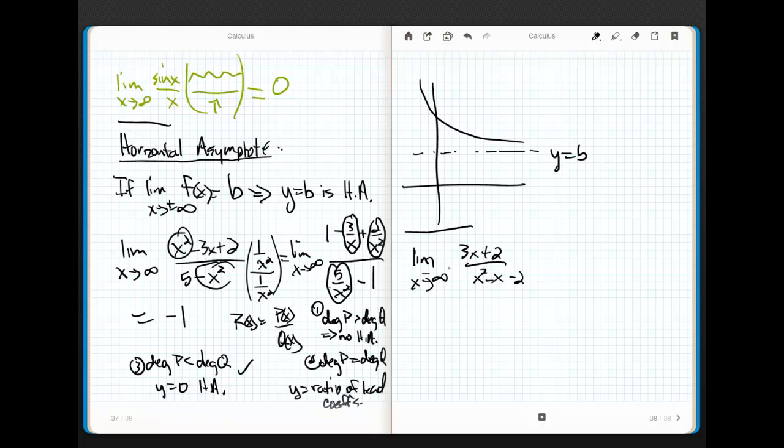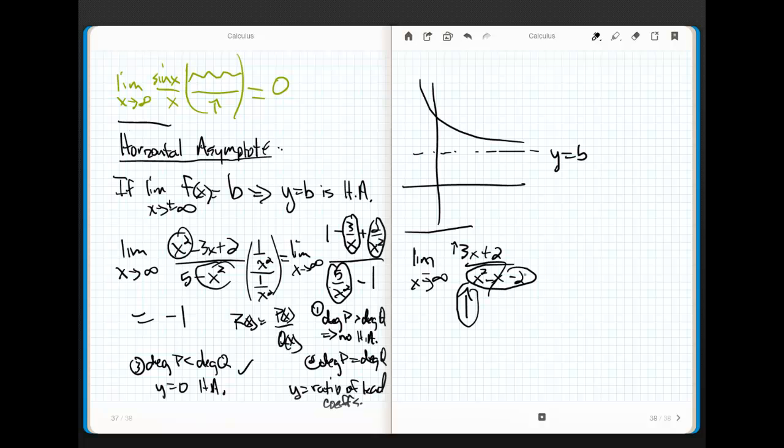As x gets to huge negative numbers, what happens to the bottom? This thing gets really big, right? The top is going to get big too, but not as fast. It's getting big in the negative direction, but I'm going to imply that it gets huge. That's what this means, because the bottom gets bigger so much faster out at infinity.